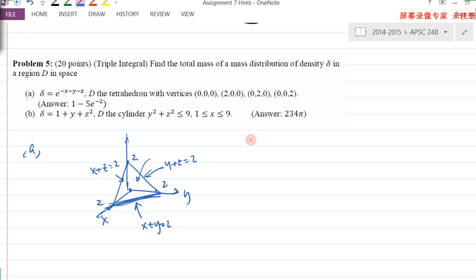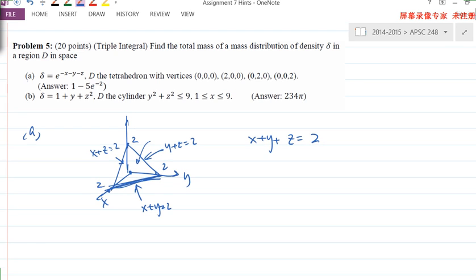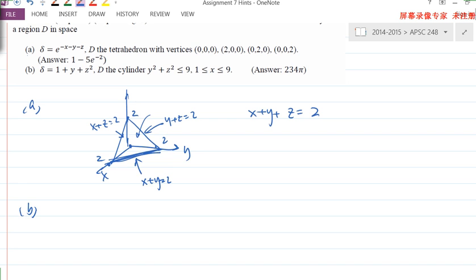So the top plane is x plus y plus z equal to 2. You can test it: if you set z equal to 2, you get this; if you set y equal to 2, you get this one. That's how you get the intersection. Use typical Cartesian coordinate steps to find the integral limits and then do the integral.